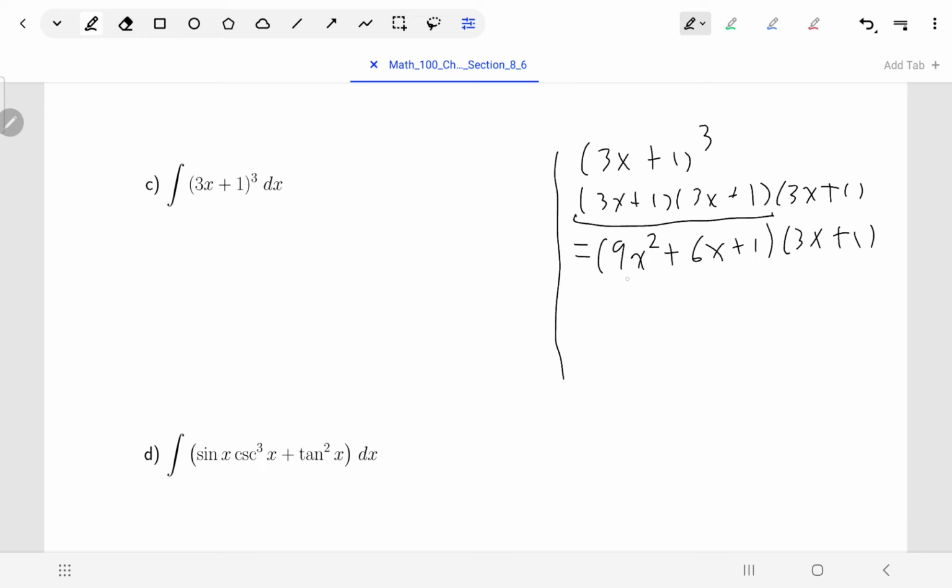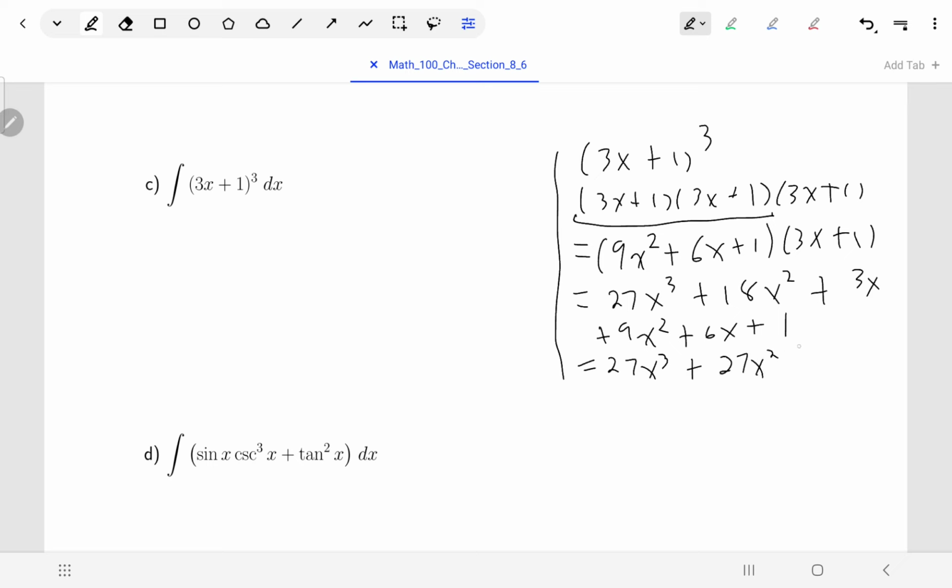And then when I multiply the brackets together, 27x cubed plus 18x squared plus 3x plus 9x squared plus 6x plus 1, which gives me 27x cubed, 27x squared, 9x, and 1.